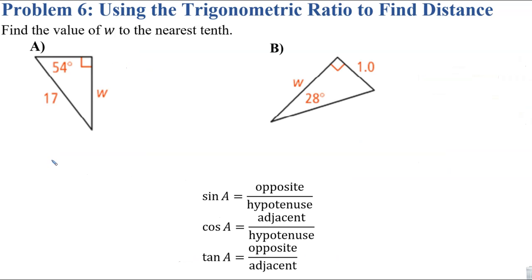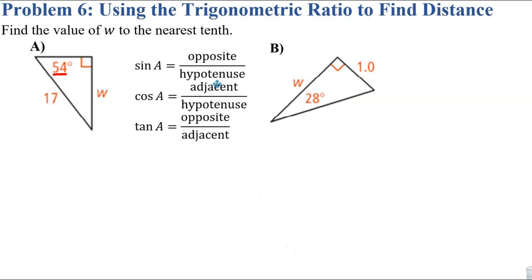All right, so let's go ahead and actually use the trig ratios to solve for parts of triangles. And we're going to run through a part A and B here and show you some differences with the way these can work out. For both of them, we want to solve for W. And here's the process. 54 is the angle I'm going to use to solve for W. And what I need to do is decide which of these trig ratios I want to use.